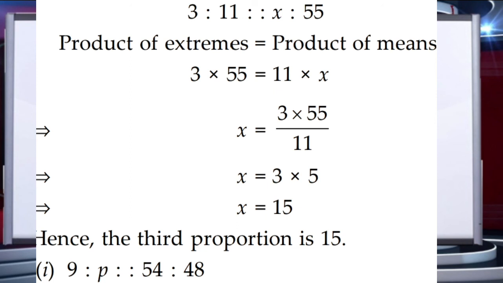When 11 changes its side from RHS to LHS or from LHS to RHS, we have to change the sign. Here 11 has the multiply sign, so now it will become the divide sign. Now my equation is 3 into 55 divided by 11. So I'll cancel this 11 and 55, which is 5. 11 5s are 55, 3 5s are 15. So my third term is 15.